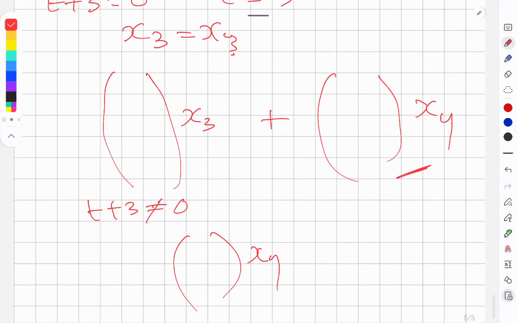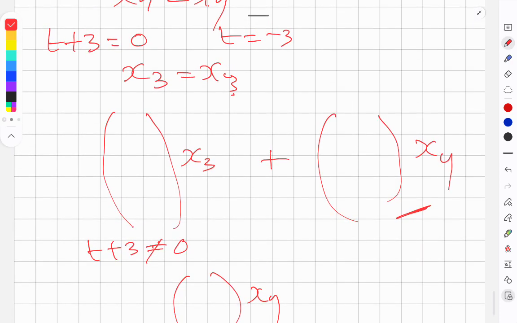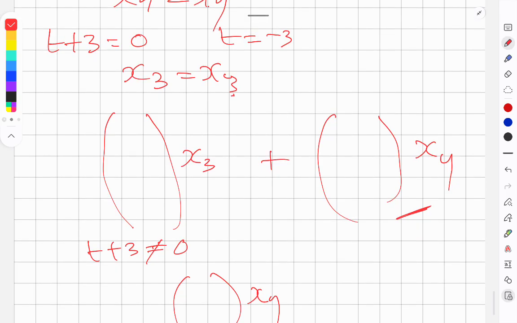So it's asking for a unique solution, which is the zero vector. Does it exist?